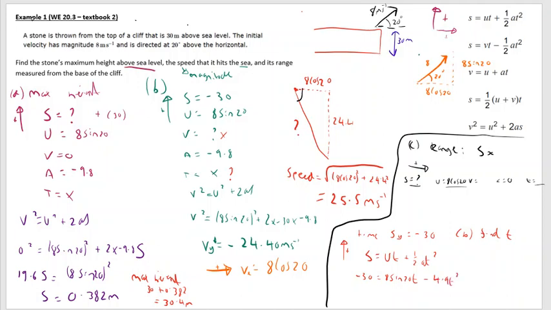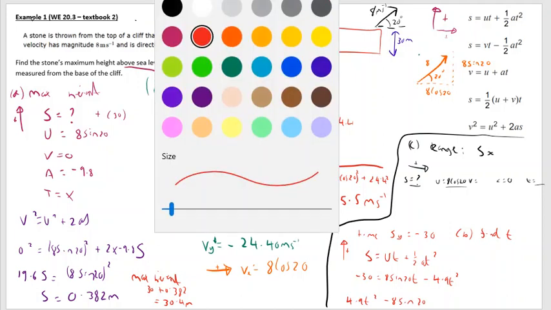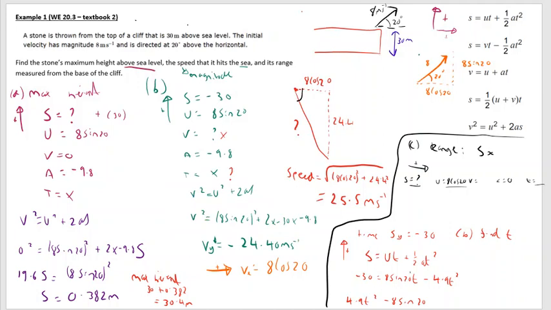If you rearrange it equal to 0, so 4.9 t squared minus (I should really have put a bracket around that) 8 sine 20 is the number, t, take away 30 equals 0.